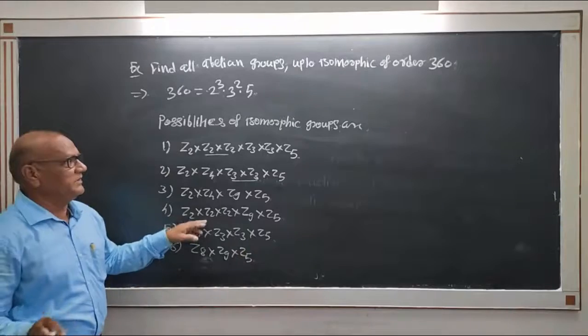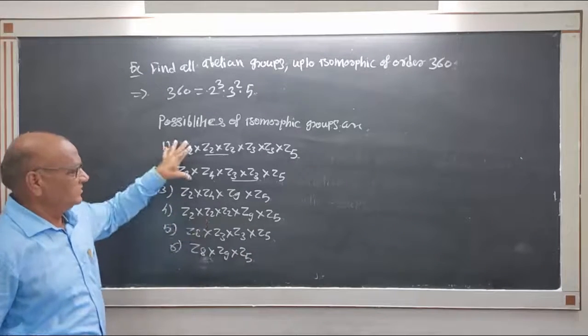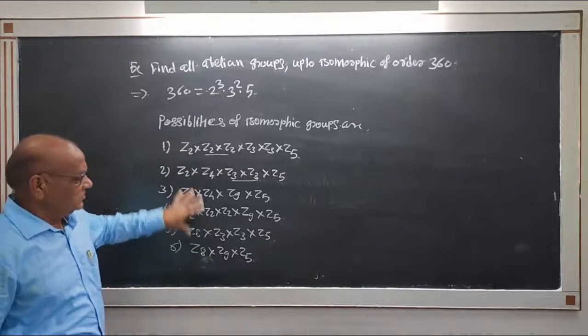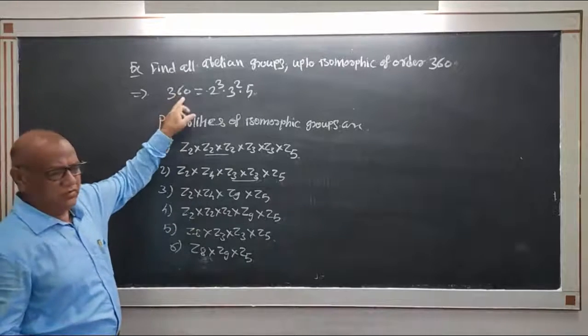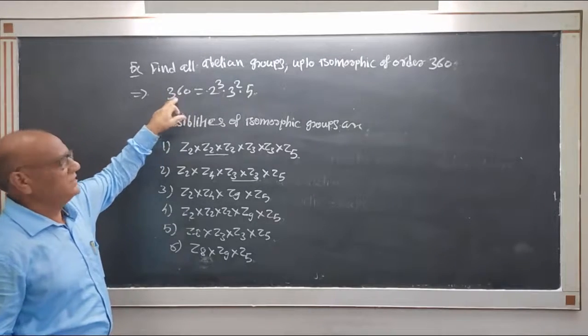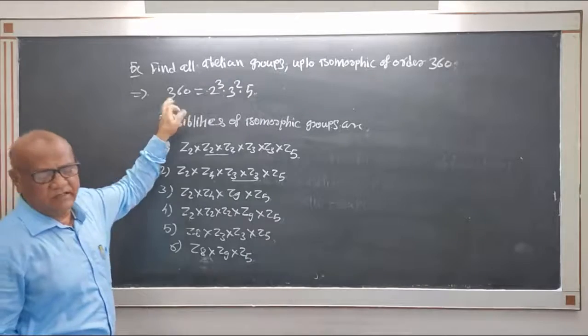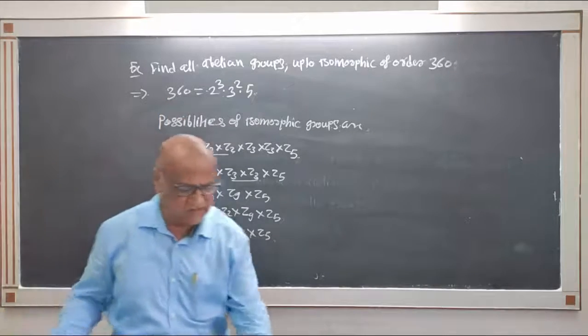These are the possibilities. The last group is isomorphic to a cyclic group of order 360.